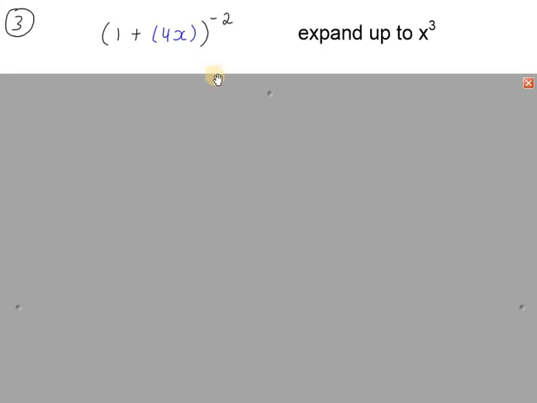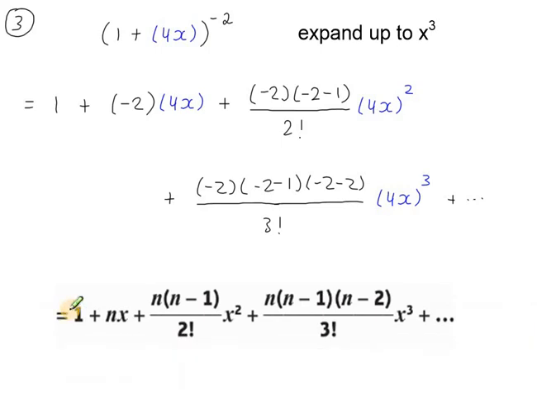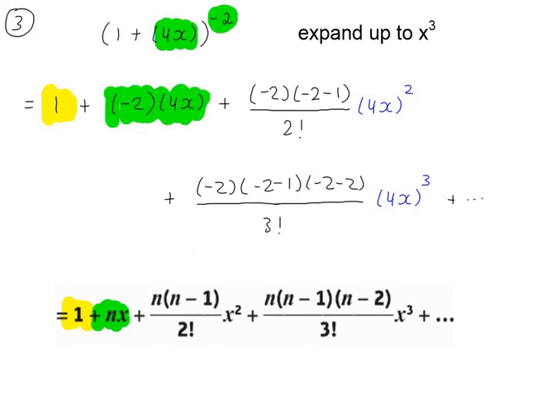Example 3. So the first term, 1. Second term, n times x. There's the n. There's the x term, so n times x. And then third term, n times n minus 1 over 2 factorial times x squared. There's the n.